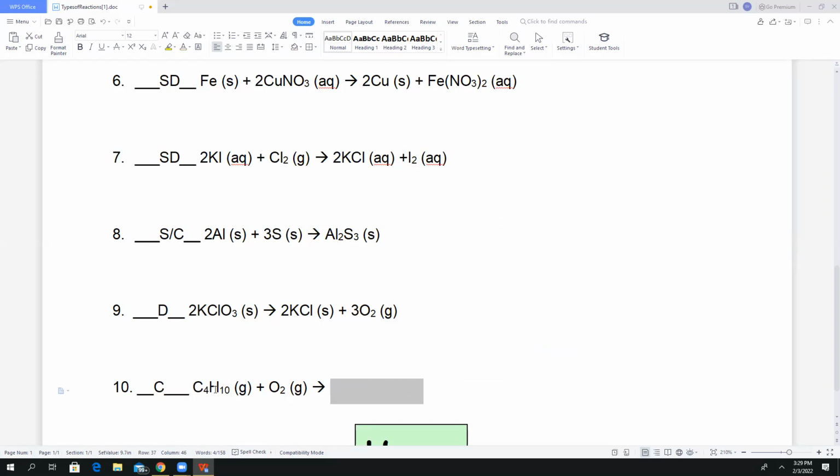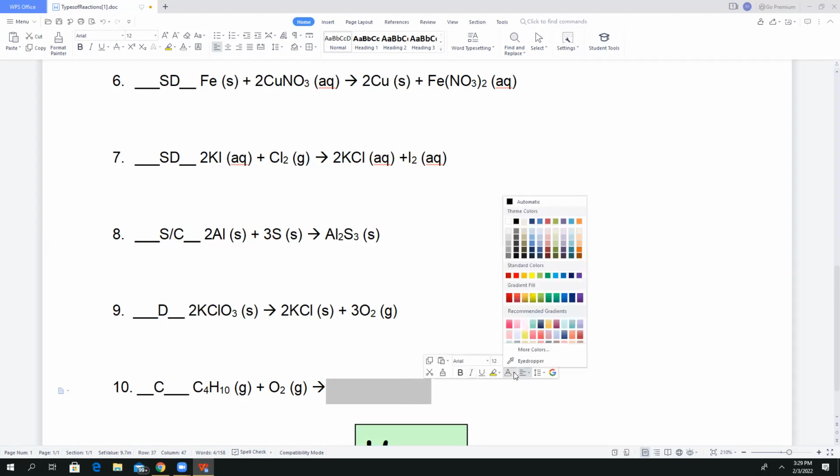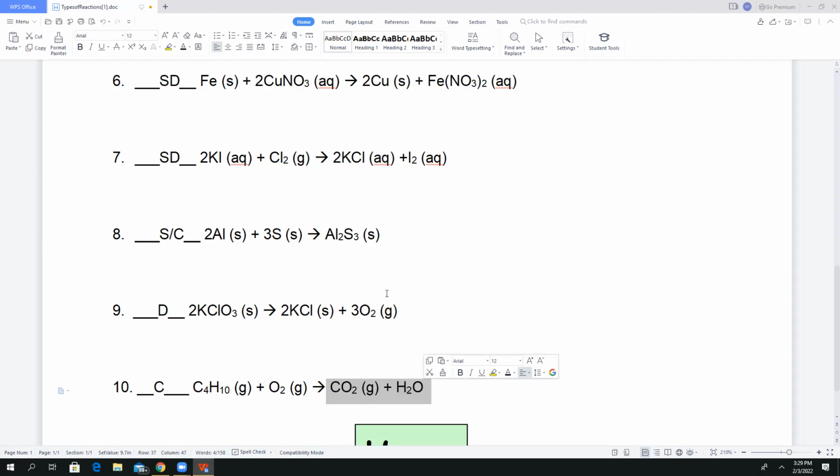You would know immediately because you got a hydrocarbon, which means hydrogen and carbon together, and oxygen. That's always going to be a combustion reaction, and your products are always going to be the 2 things that I showed you, which are carbon dioxide and water.